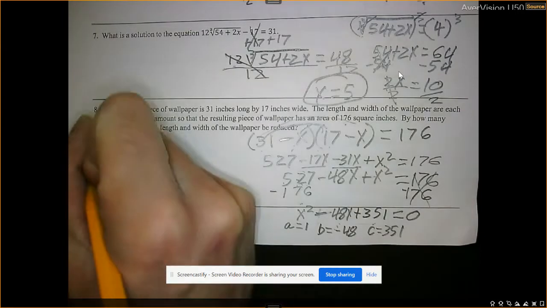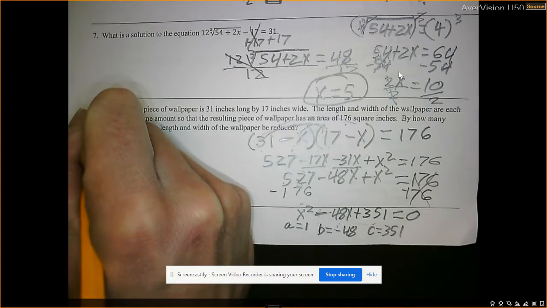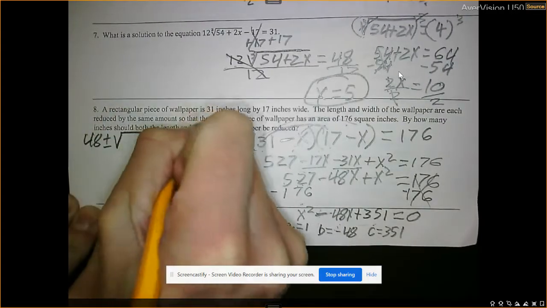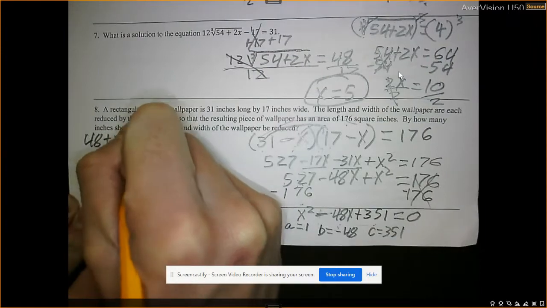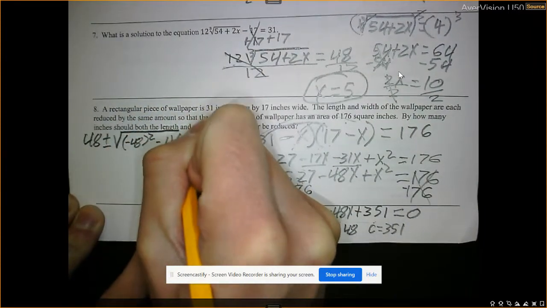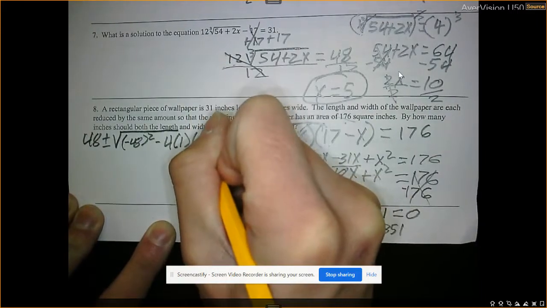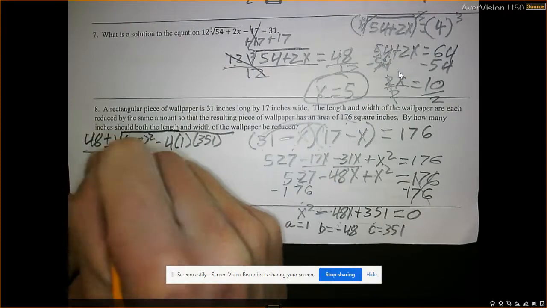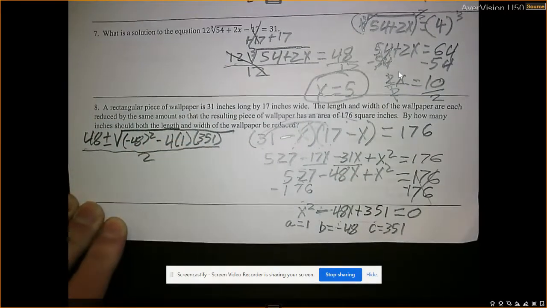Negative b, that's the opposite of negative 48, so I'm just going to write 48 plus or minus the square root of negative 48 squared minus 4 times my a, which is 1, times my c, which is 351, all over 2a. Well, a is 1, so it's just 2.